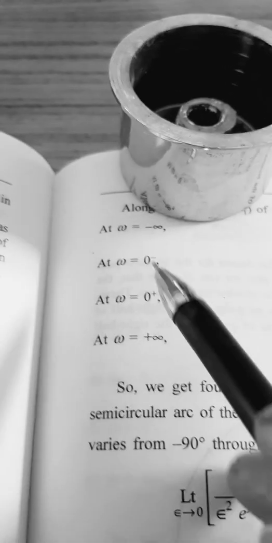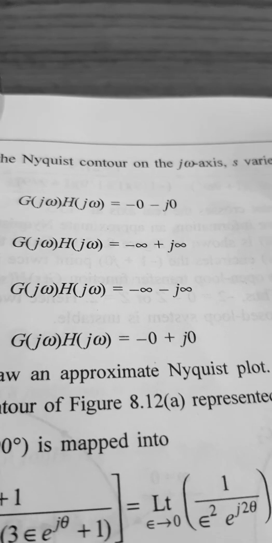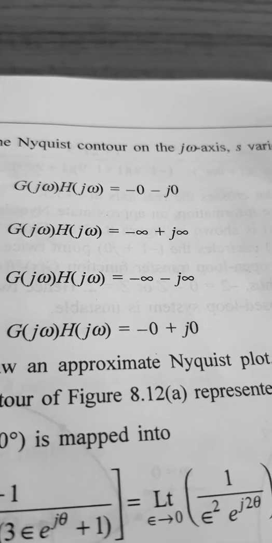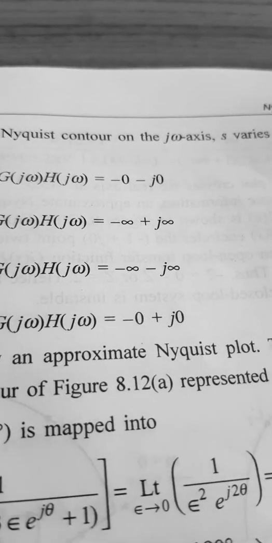And next we have to do from minus infinity to 0 minus. For 0 minus you will get real axis minus infinity and plus j infinity. So from here, minus j infinity and plus j infinity.